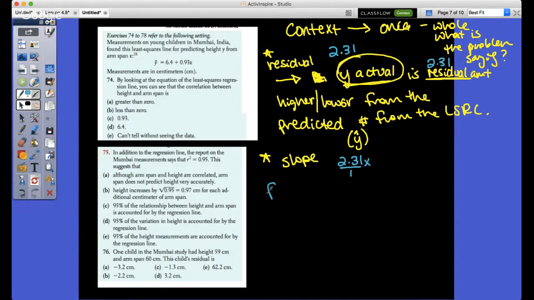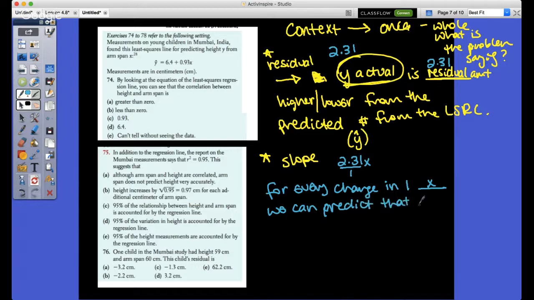Then we would say for every change of 1 in x, whatever the variable is, we can predict that y, whatever that is, will increase or decrease, depending upon whether it's positive or negative. In this case, it'd be increase by 2.31. So that's how I would interpret the slope.